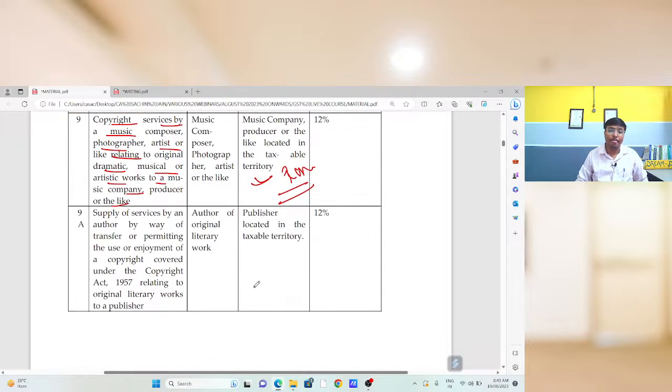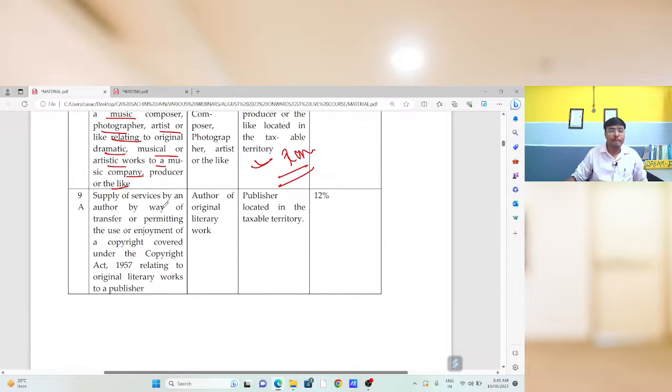Next, if someone is going to write certain books, like a simplified GST guide, and they are going to transfer the right to publish those books to the publisher, in that case the supplier is not liable to make the payment of taxes. The publisher who is going to publish the books of that particular author is liable to make the payment of taxes.